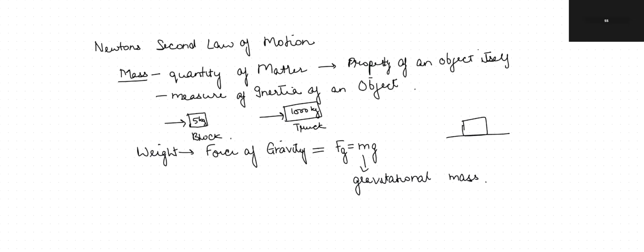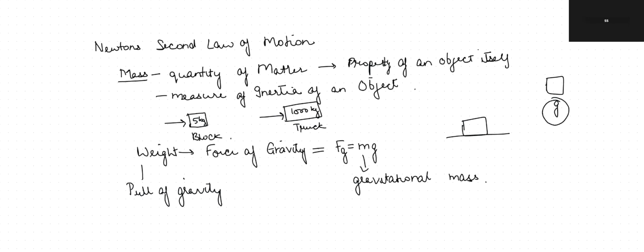So the weight is basically the pull of gravity which is acting on an object. So if we take a small block here, which is 5 kg mass, and take it to the moon, or to a different place from the Earth, it will weigh different because it depends on g, which changes.